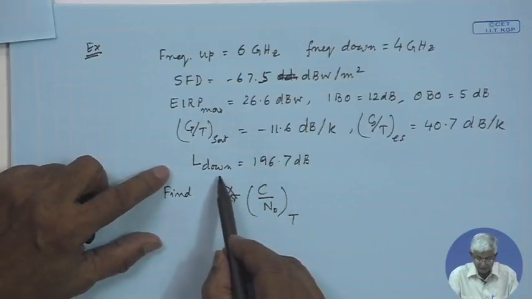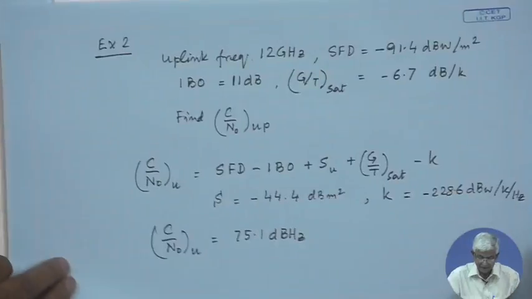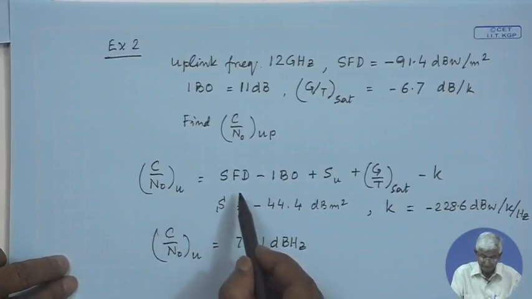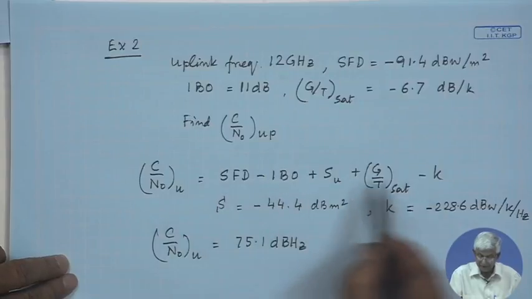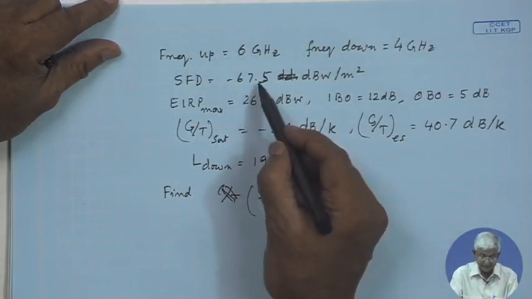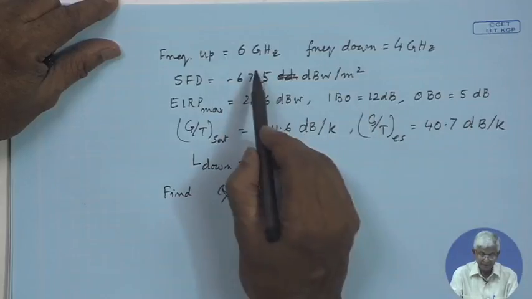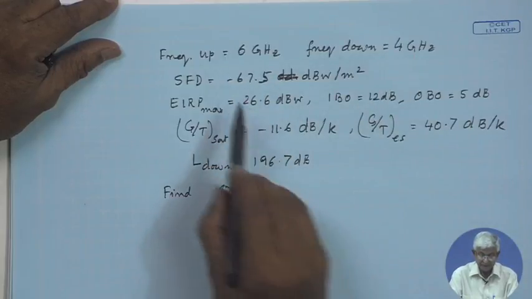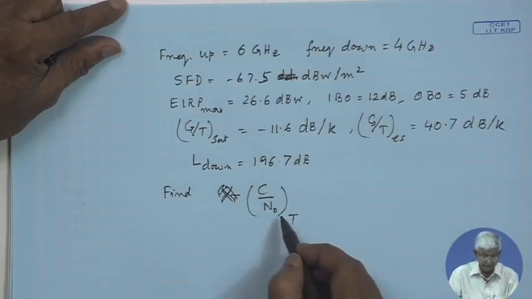One thing you will be surprised that L uplink is not given, and in our equation for C by N naught uplink with the modified equation in terms of SFD and IBO, L uplink is not appearing. So, that is not required. G by T for both satellite and earth stations are given, SFD and EIRP max is given, input back off and output back off is given. Frequencies are given so that you can find out S, and SFD is already given. So, it is easy to calculate the C by N naught total.